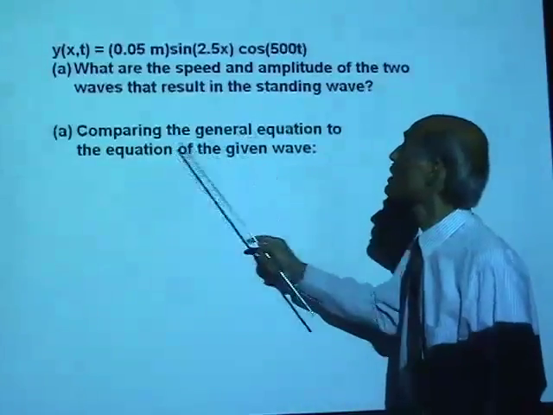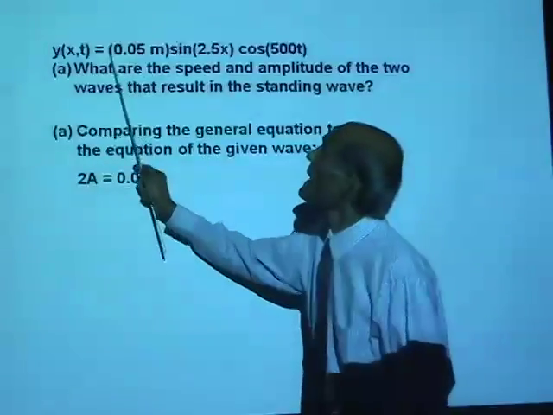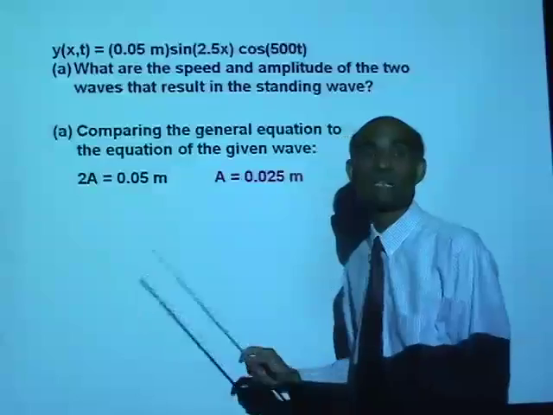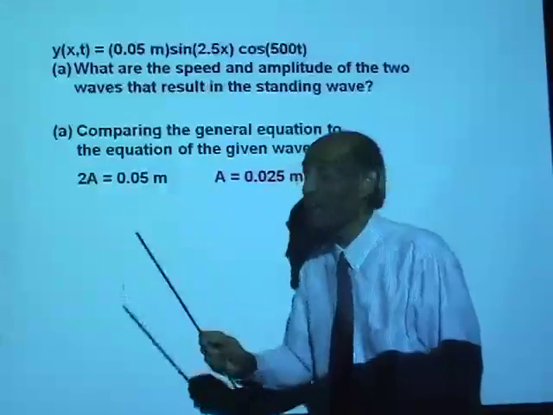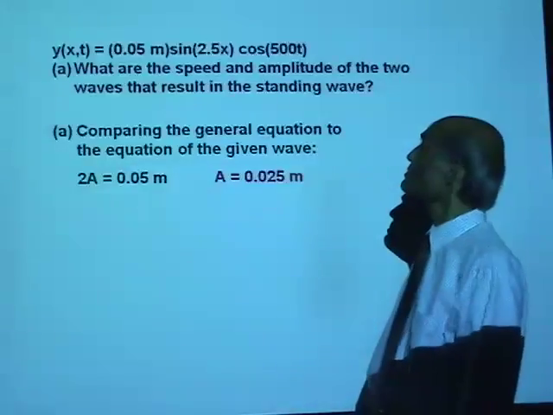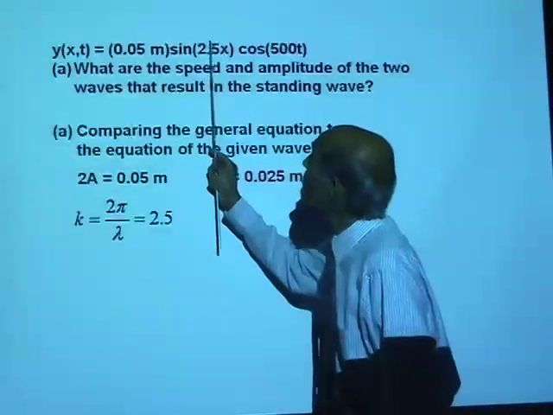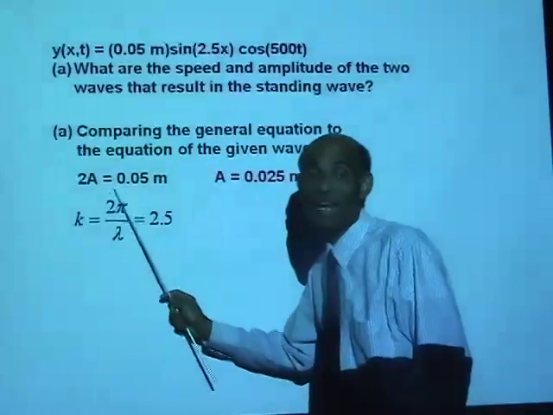Comparing the general equation to the equation of the wave, we have 2A equal to 0.05 meter. That gives you A, the amplitude of each wave, is 0.025 meter. You got k equal to 2.5, but k is 2 pi by lambda.